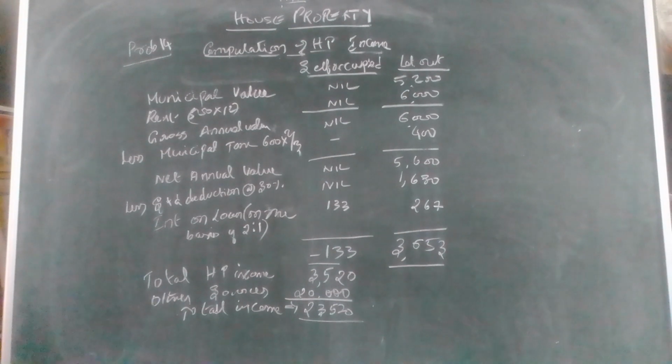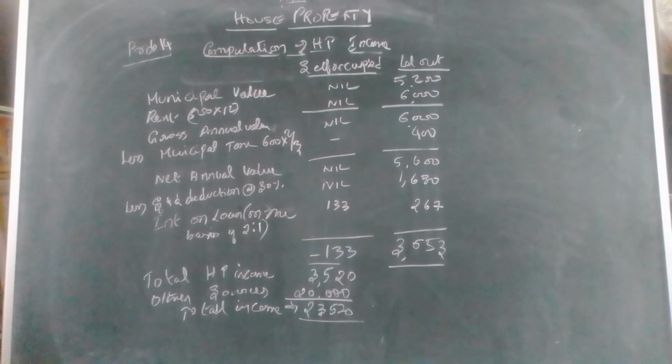Of course, no municipal tax can be claimed for the self-occupied property, but for the let out property, that tax of 600 rupees cannot be fully claimed. Based on the values given, it should be apportioned on the basis of 2:1, two times for the let out property and one time for the self-occupied property.